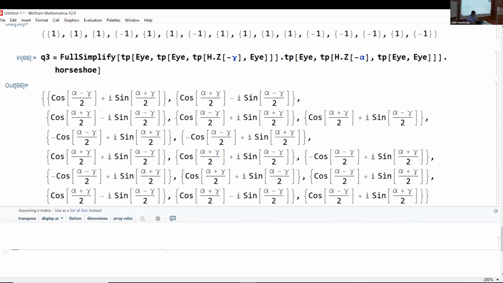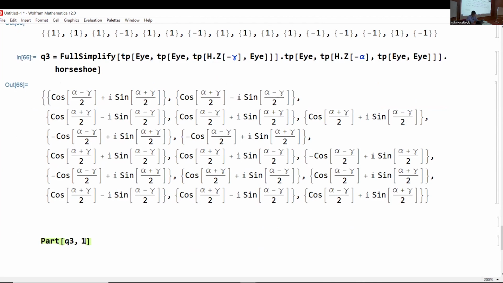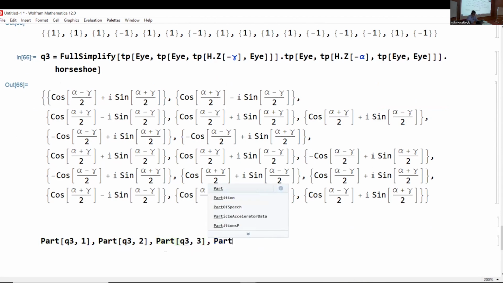So take part Q3, the first term, second term, third term, fourth term. Oh, sorry, 9 and 10, 9 and 10.